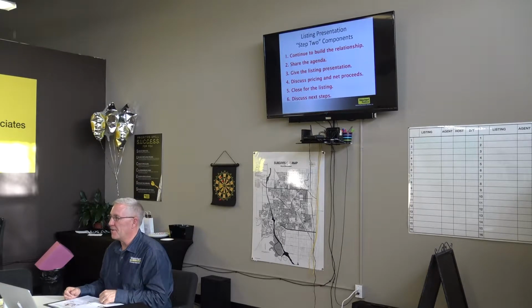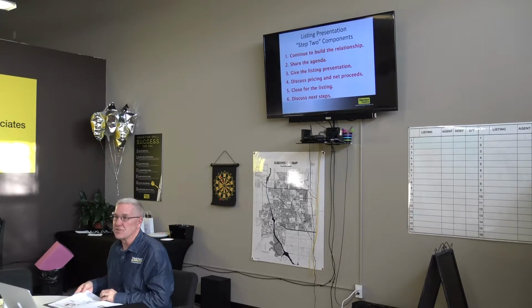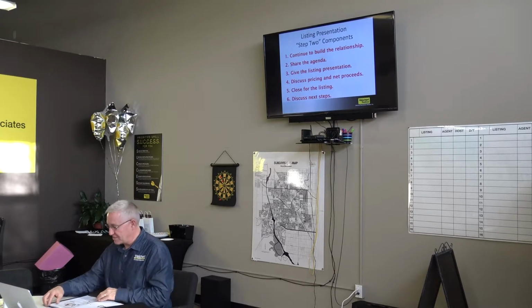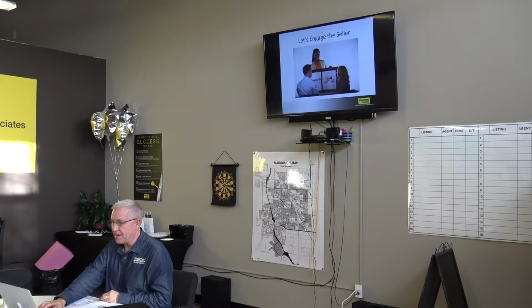They're worse than a brand new person, because they have all these questions. It's been a long time since they've bought and sold, so it's all new and fresh, and things have changed. So make sure you discuss the next steps, what's going to happen, what needs to happen, and the steps they need to take.